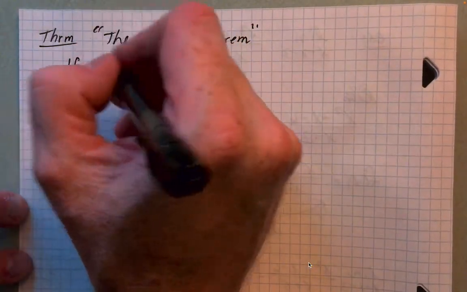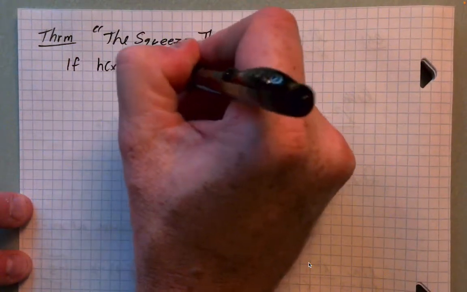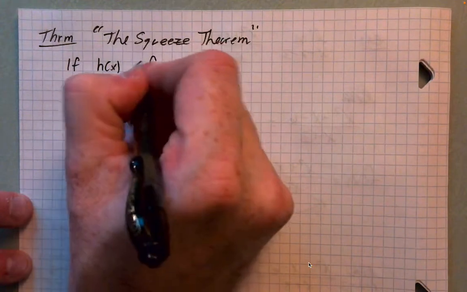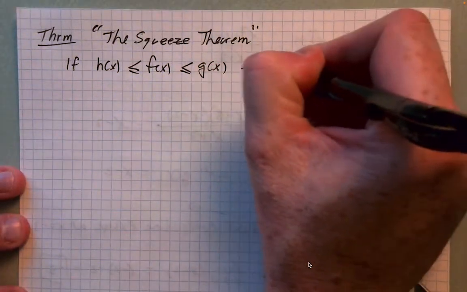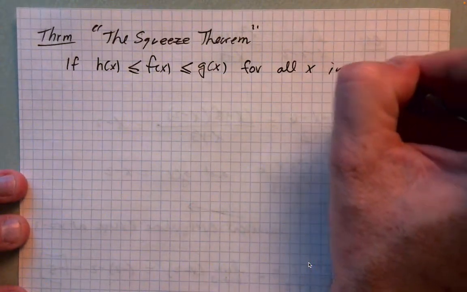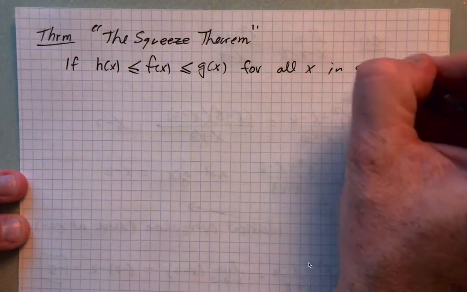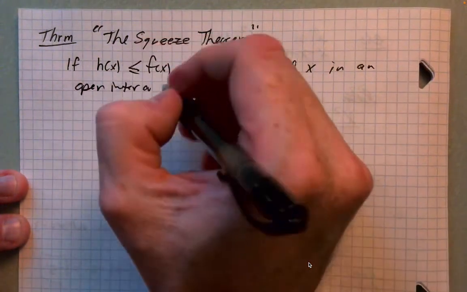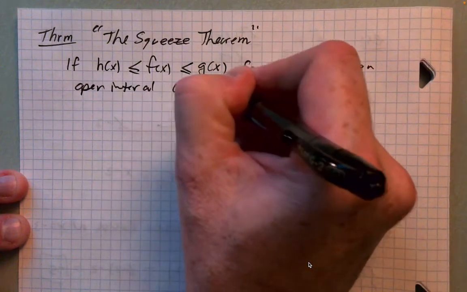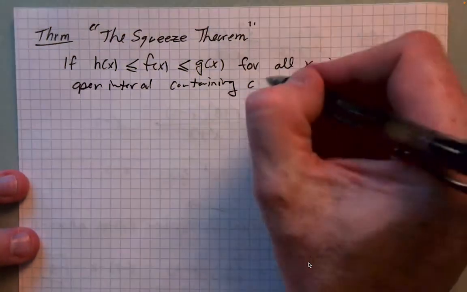If you have three functions, h of x, f of x, and g of x, and if f of x is between h and g for all x in an open interval containing c, except possibly at c itself.